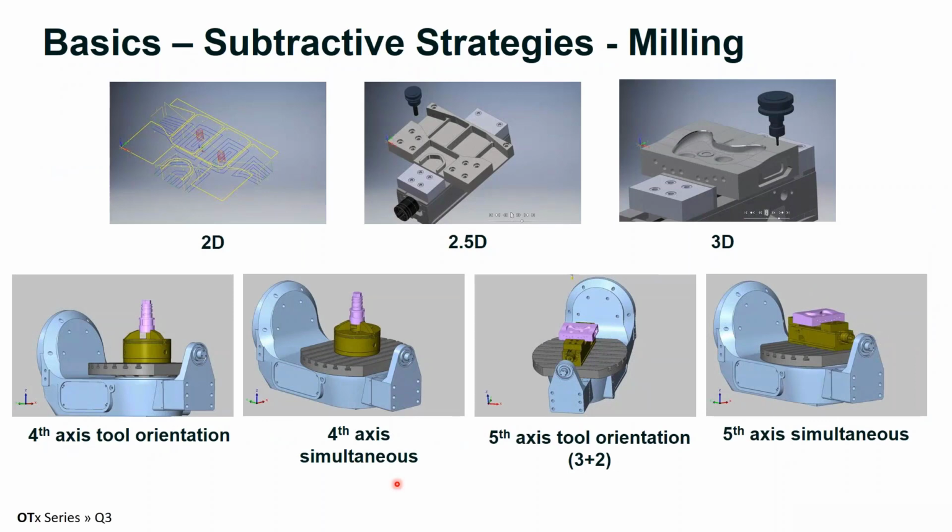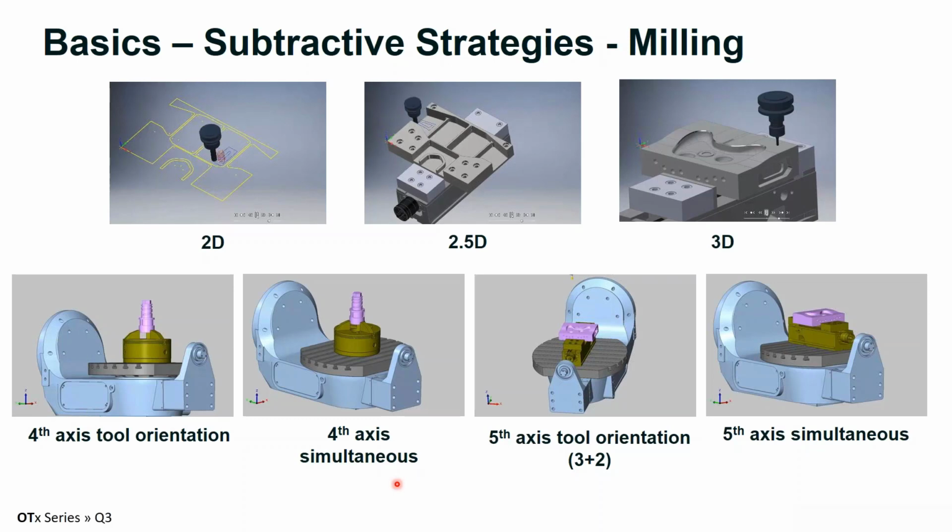When I talk about milling, I will talk about a lot of different types of milling, like 2D milling. 2D milling is when I control the toolpath from a wire in a sketch inside Inventor, and all the toolpath is positioned on the same Z level.